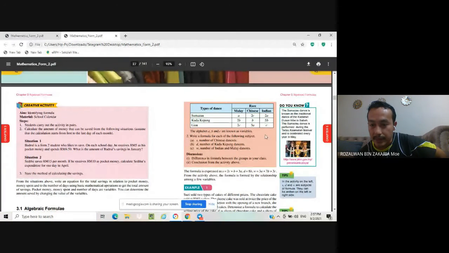After we add all together, we get the answer W equal to 3A plus 7B plus 3C. Class, anyone who doesn't understand this can ask me how to get this. W equal to 3A plus 7B plus 3C. This is the answer for 2C here.